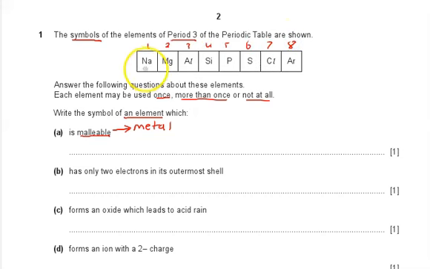So the metals will be in groups 1, 2 and 13, which are sodium, magnesium and aluminium. All these answers are correct, so you can put any one of these.